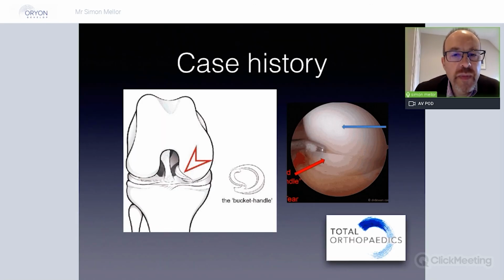This is just a diagrammatic and photographic representation showing a bucket handle tear and how it can flip underneath the spherical surface of the femoral condyle and then jam into the intercondylar notch, and this is what results in that locking.